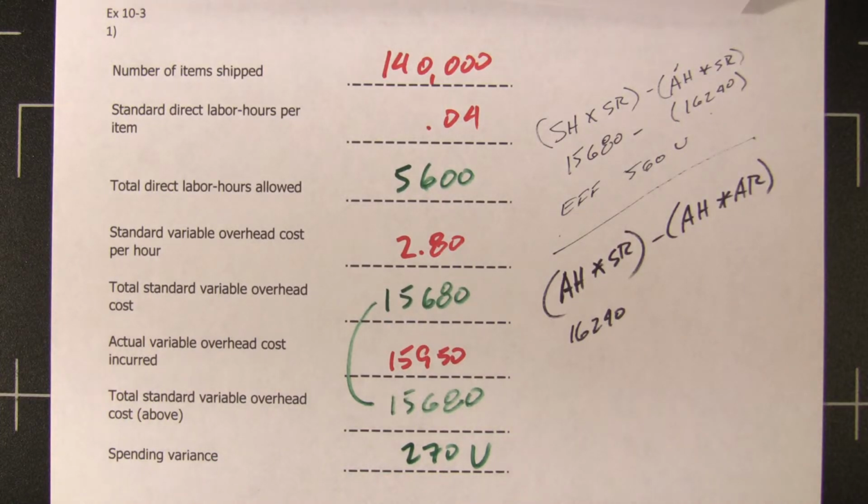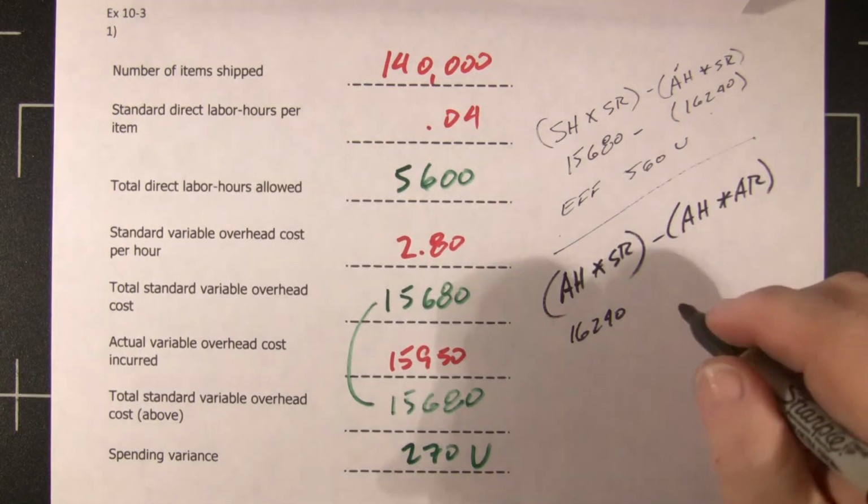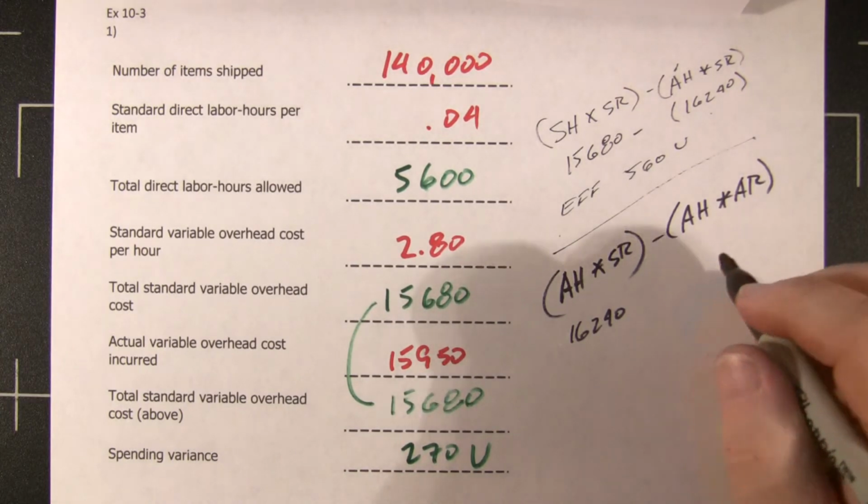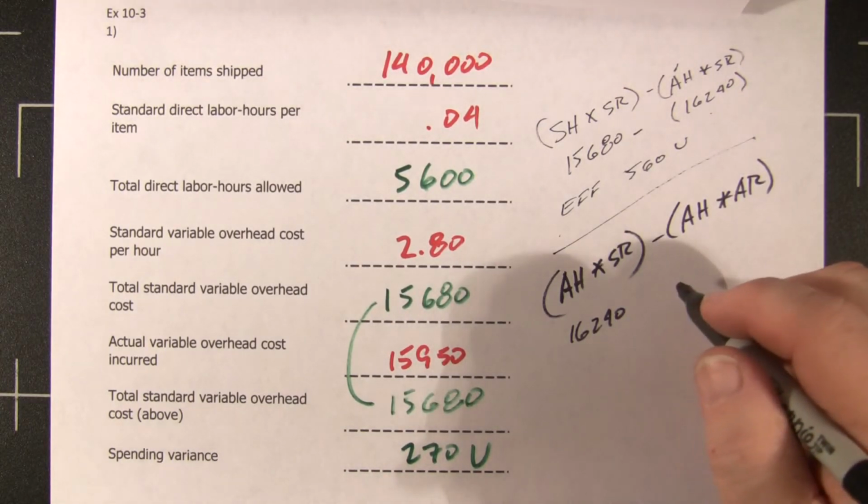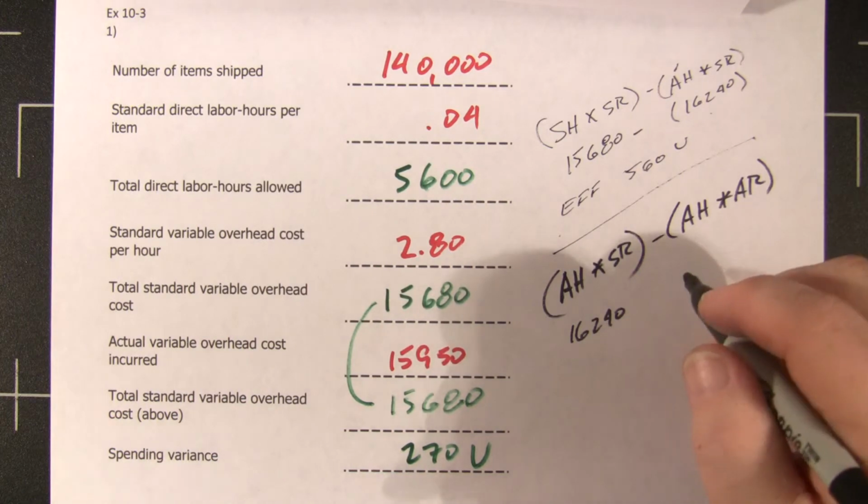Now you had to compute that. You had to take the $15,950 that they actually paid and divide that by the 5,800 hours that were worked, okay? So when we do that, we come up with the $15,950.